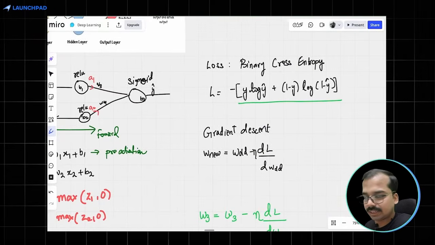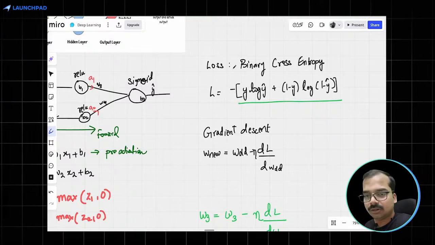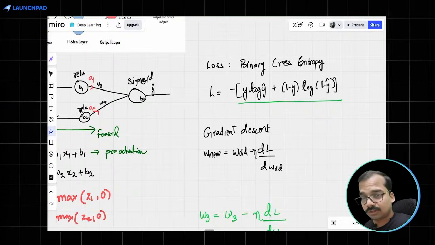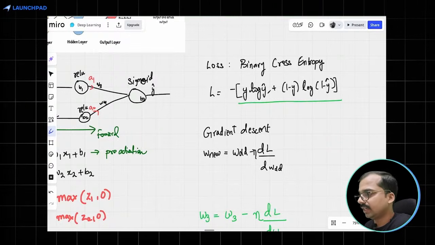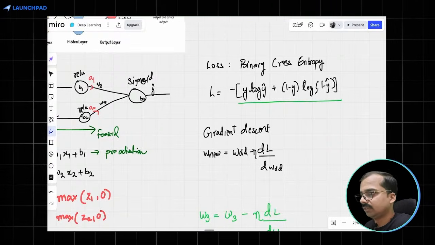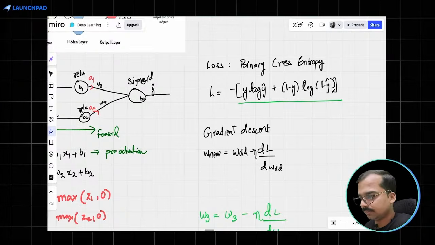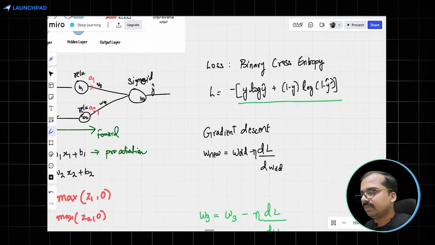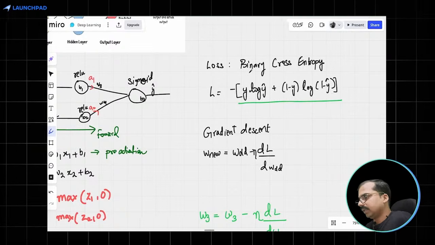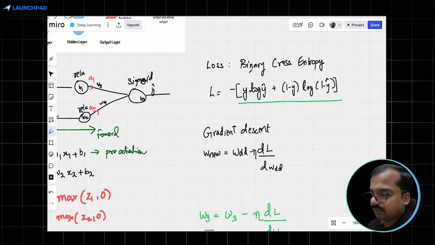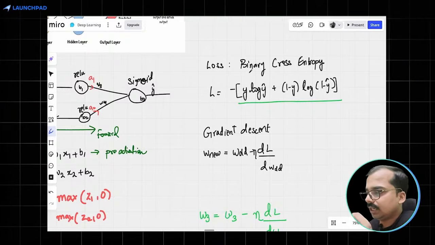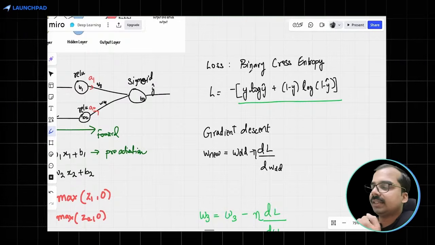Since it's a binary classification problem, the loss will be binary cross entropy loss, which is minus y log y hat plus 1 minus y log 1 minus y hat. So this will be my loss compute. Post this loss computation, we are going to update the weights.